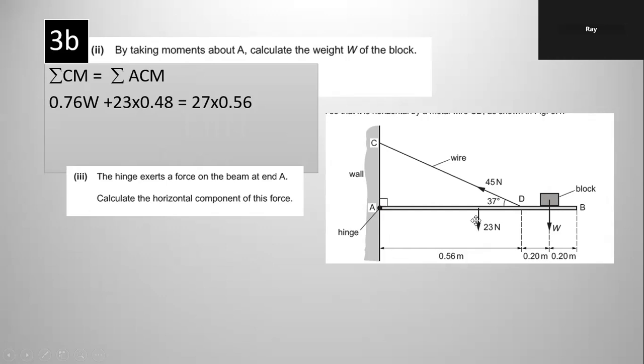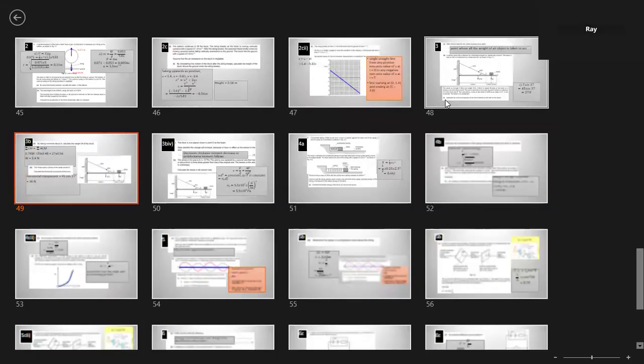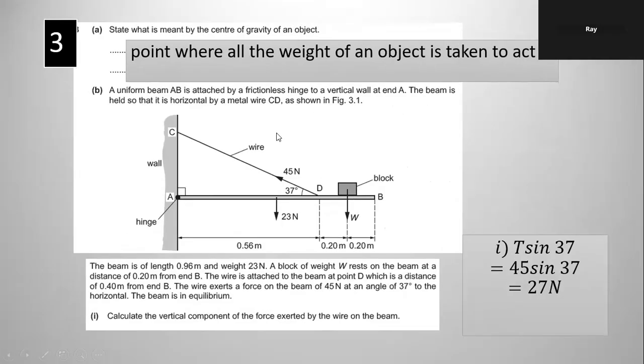Oh, I forgot to plus this one. Cannot be so careless. The whole distance you are given is 0.96, so half of it. How do you know it's 0.48? Half of it. Oh, yeah, it is half. The length is half of it from the wall.